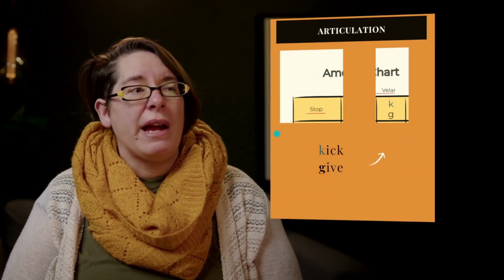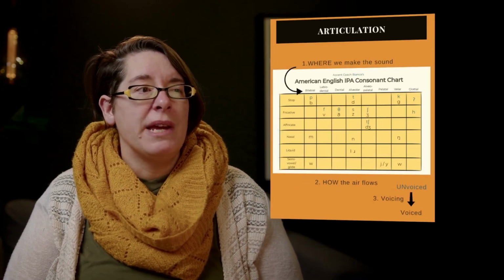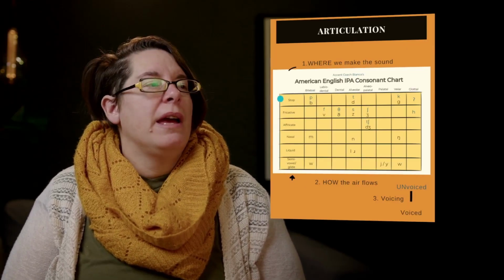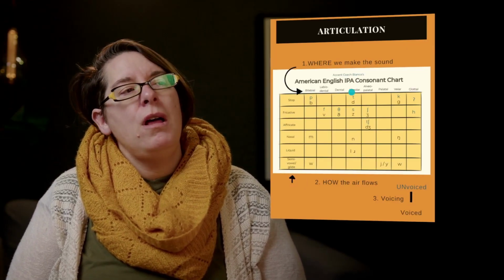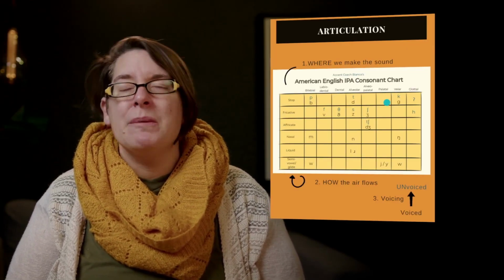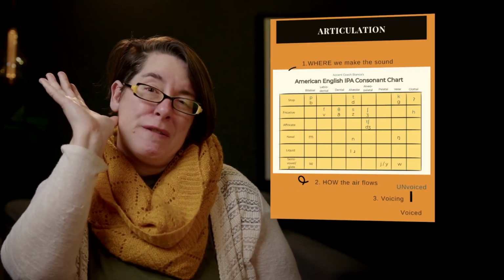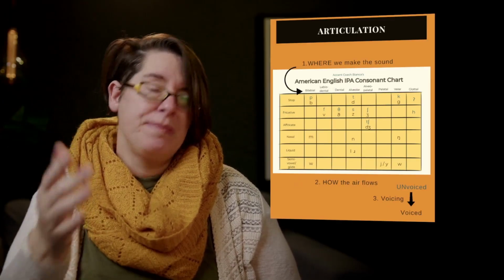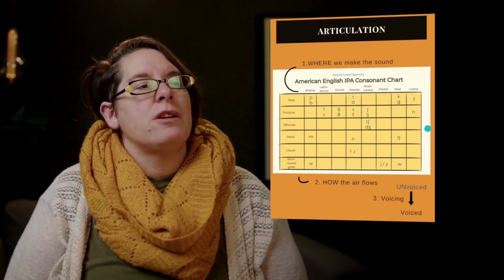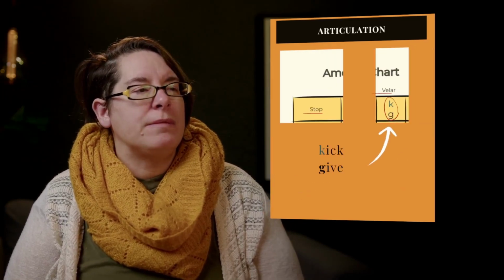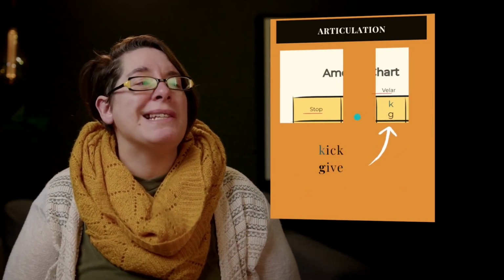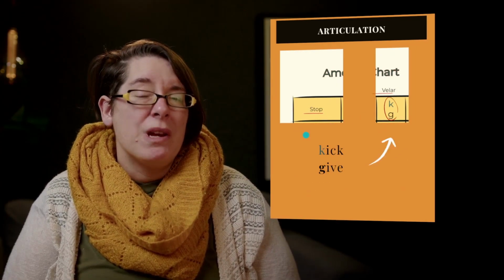Now, if I go back, you notice I cut up the chart because I'm zooming in. Here, all the way in the back, we've got the velum. If I take that bump and I follow it back, I've got a hard palate and then a soft palate. The soft palate is called the velum. So it's way far away on the chart, so I just cut it up and put it together. But it's not a friction sound, it's a stop sound.